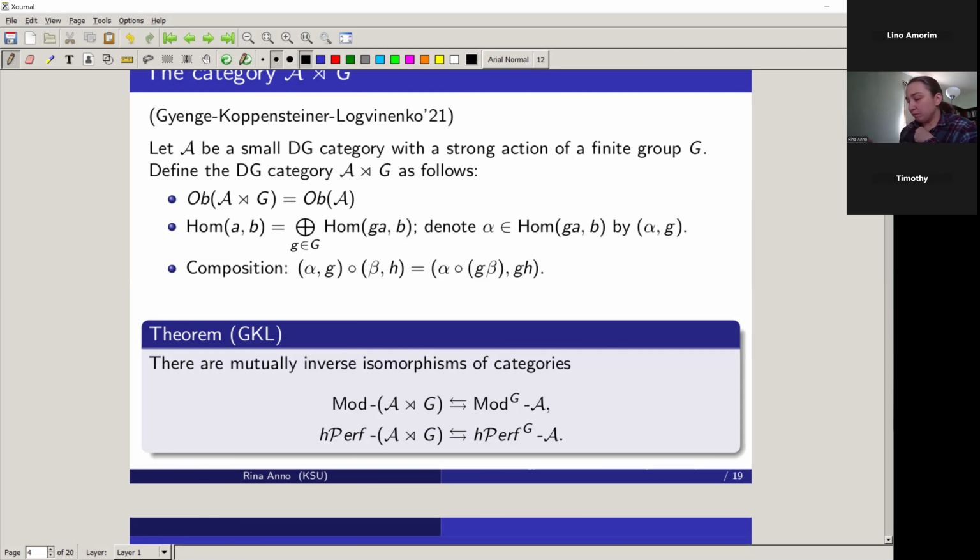It just means that our objects behave like projective objects, they're homologically correct.